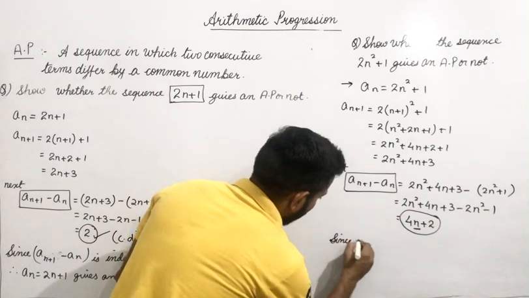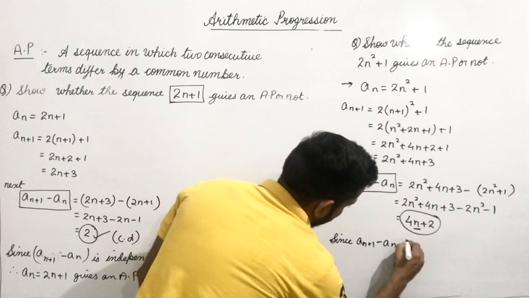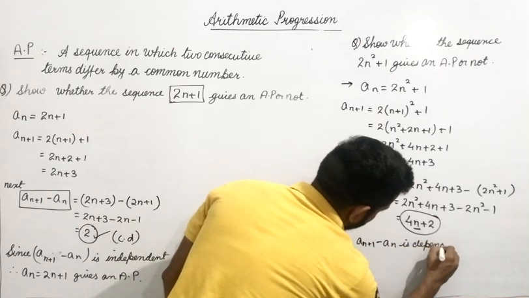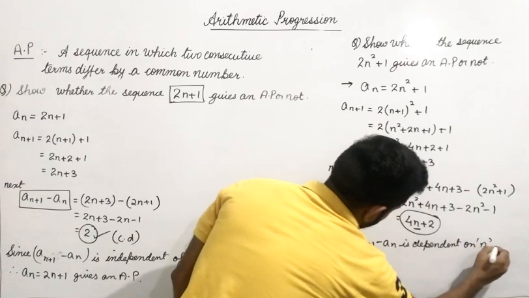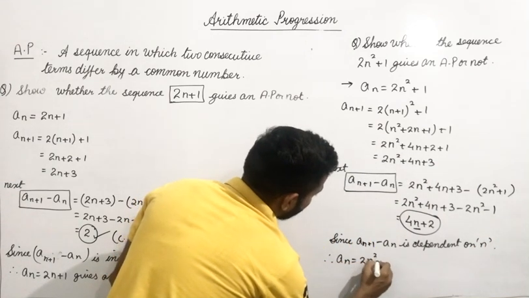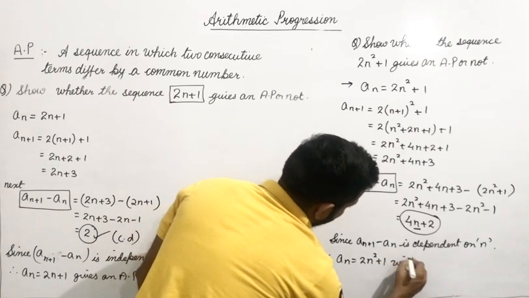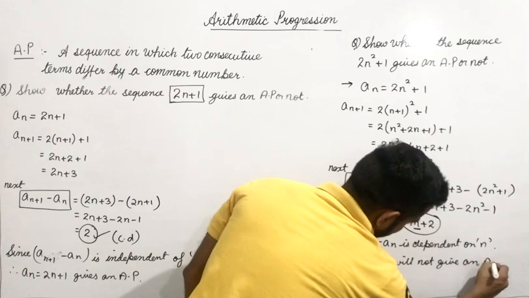Since a(n+1) minus an is dependent on n, therefore, an equals 2n square plus 1 will not give an AP.